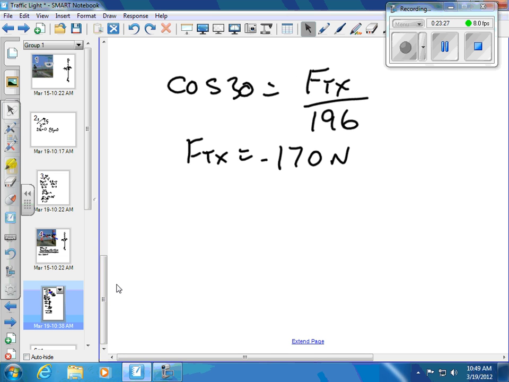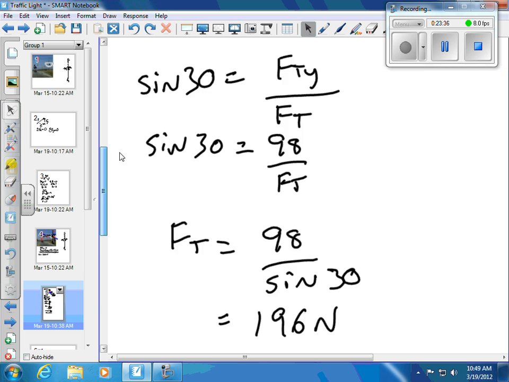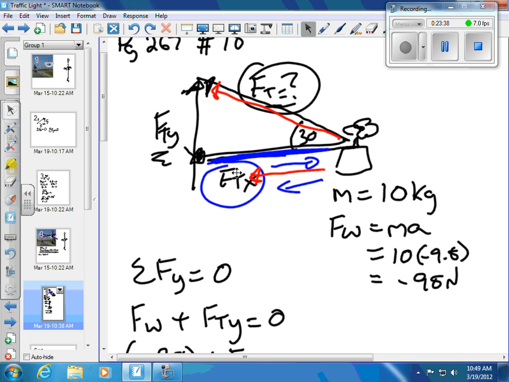Now where do we go from here? We're trying to find what force this bar has to press this way to keep the pot from falling into the wall.